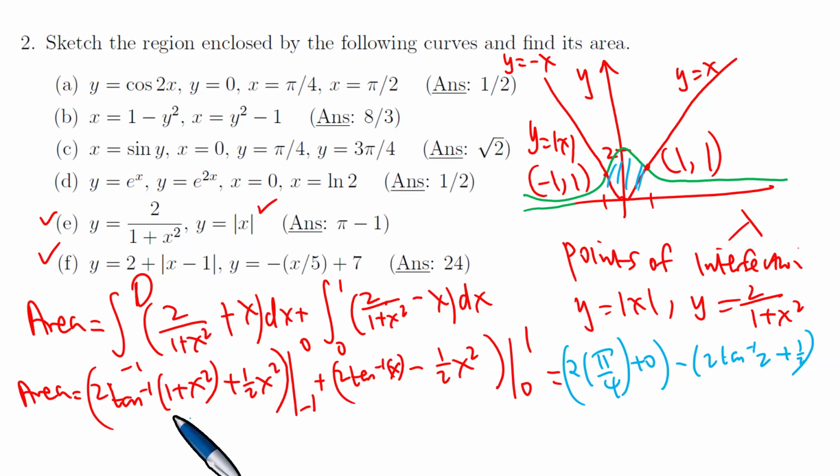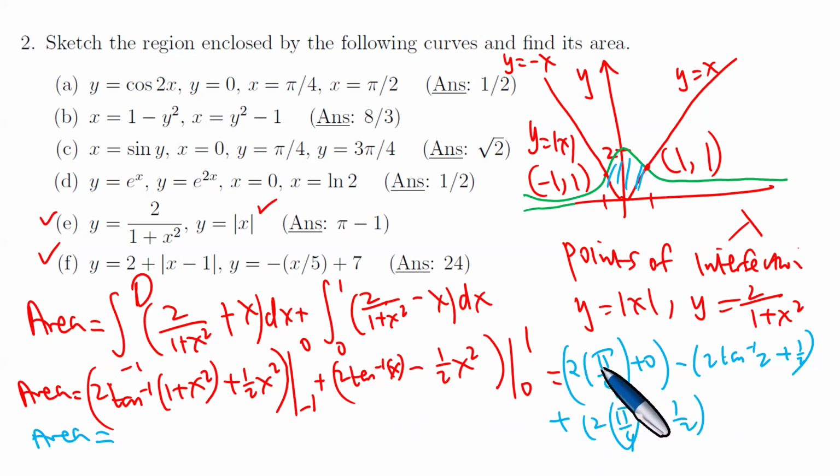So now you substitute everything. Now you have 2 arctan 1, which is pi over 4, and you substitute here. Then you put the 1, you have a 1/2. Then you put 0. Arctan 0 is 0, and everything becomes 0 there. So the question is, what is the area?